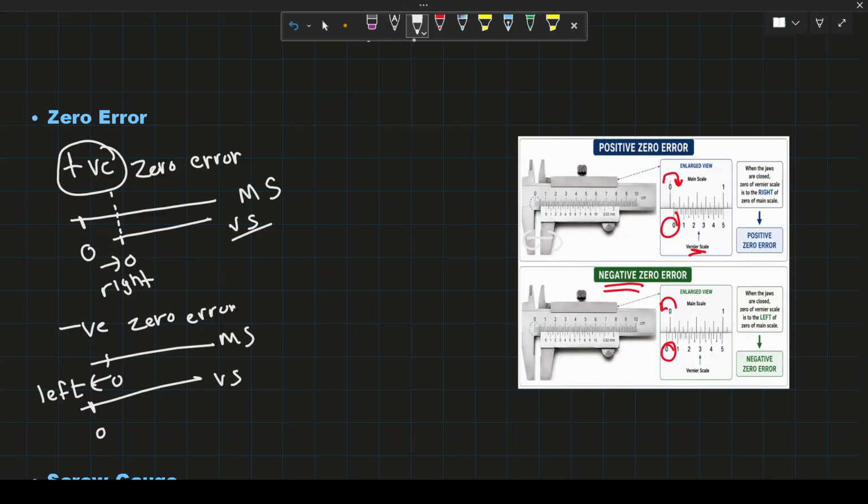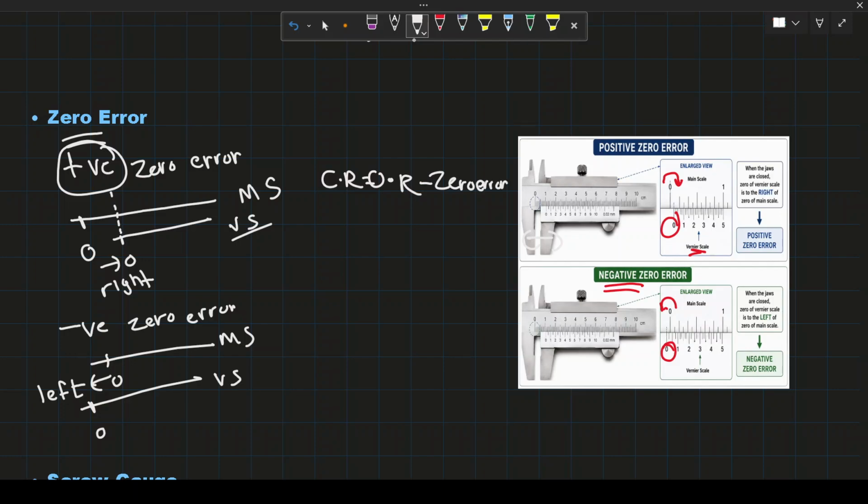For the zero error, the correct reading would be equal to the observed reading minus zero error.